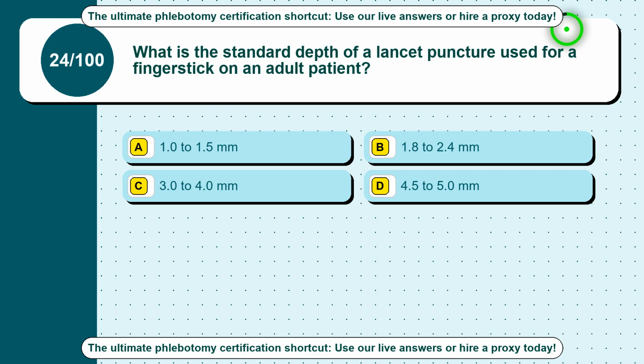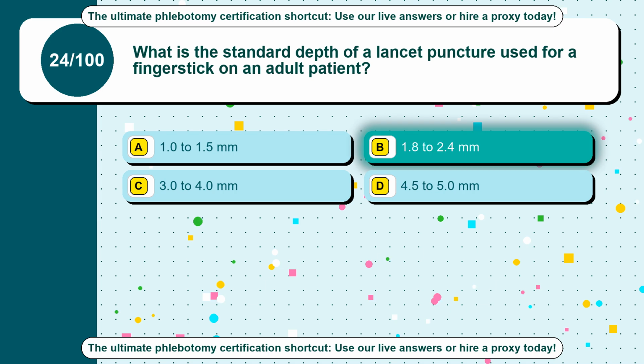Question 24. What is the standard depth of a lancet puncture used for a fingerstick on an adult patient? Option A, 1.0 to 1.5 mm. Option B, 1.8 to 2.4 mm. Option C, 3.0 to 4.0 mm. Option D, 4.5 to 5.0 mm.